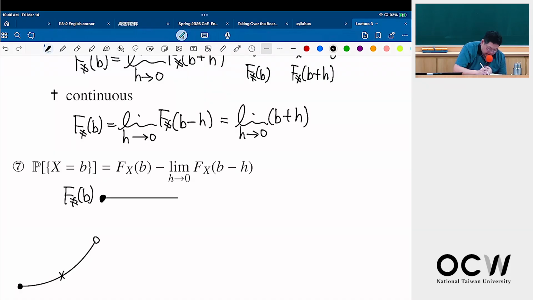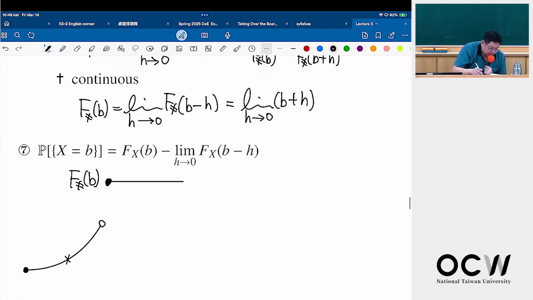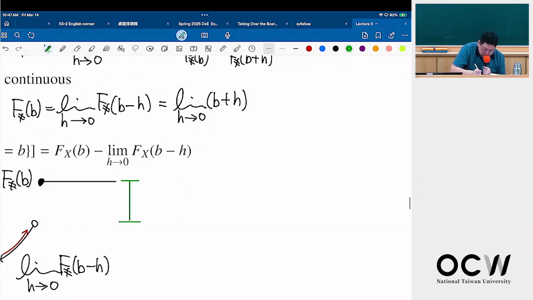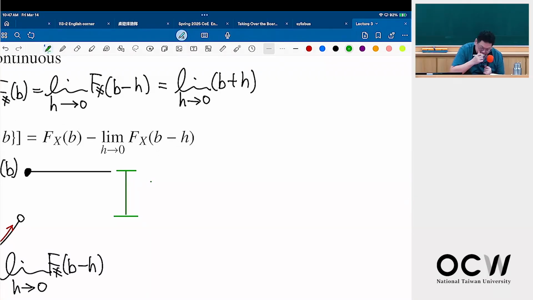At this point, because b minus h, so it's left. When h goes to 0, they will get closer to f of b. And now here I have a gap. The probability of x equals b.